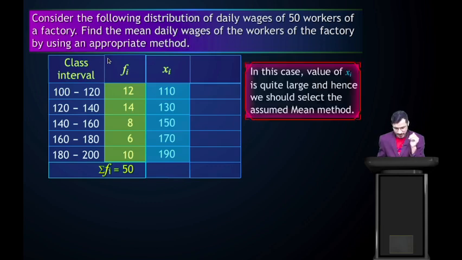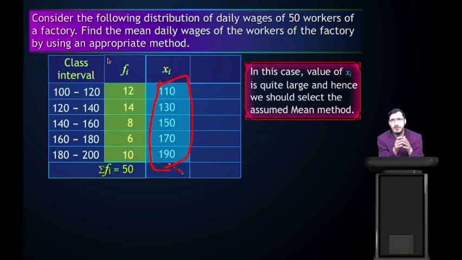fi xi. In this case the value of xi is quite large, and hence we should select the assumed mean method. You can see the values of xi, that is 110, 130, 150, are quite large.